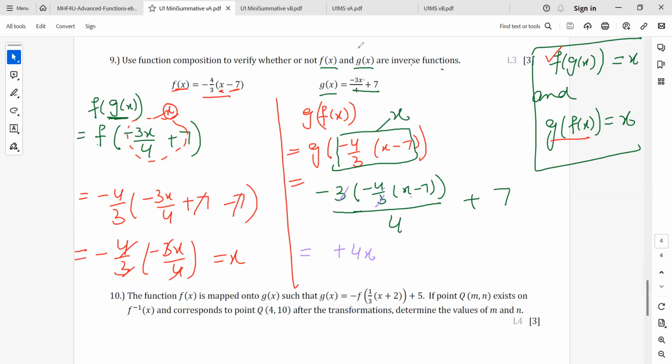Minus 4x plus 7 times 4 is 28, by 4, plus 7, which is equal to 4x minus 28 by 4 plus 7.